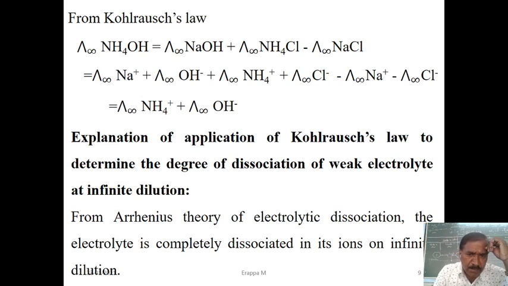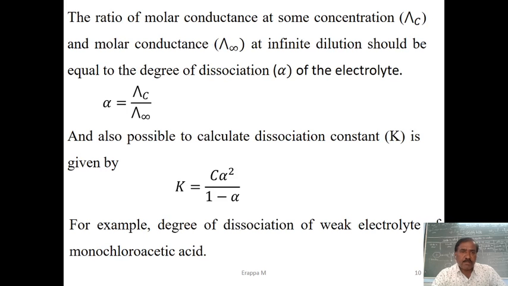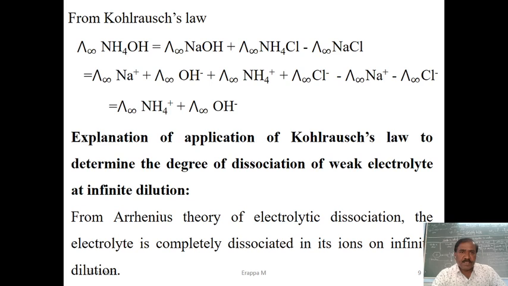The second application of Kohlrausch law is to determine the degree of dissociation of a weak electrolyte. From Arrhenius theory of electrolytic dissociation, the electrolyte is completely dissociated into ions at infinite dilution.